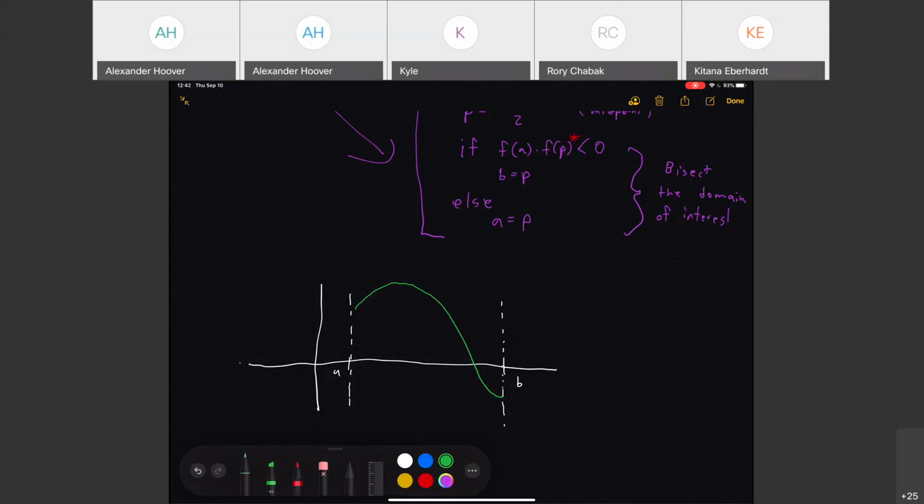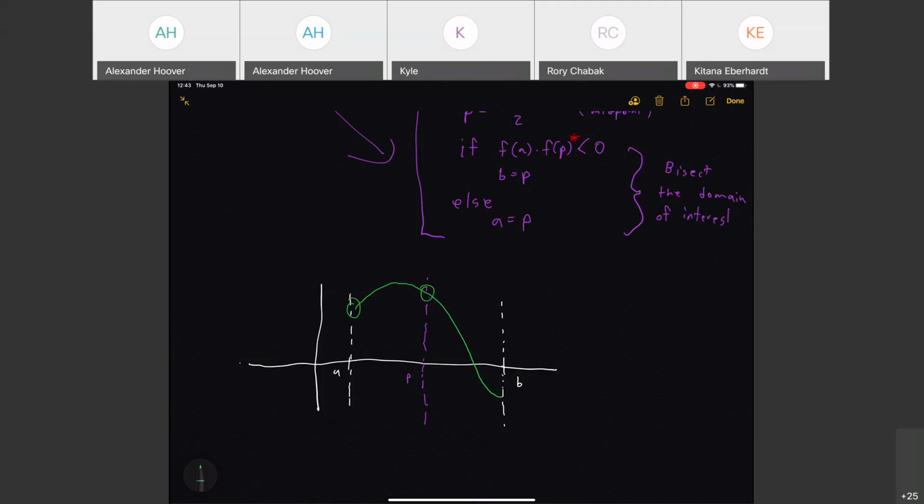So what are we going to do? Let's go ahead and bisect our domain. I'm going to take a midpoint through the center of our domain, so this would be our first P. While we're here, we can see that f of A is positive, and f of P is positive.